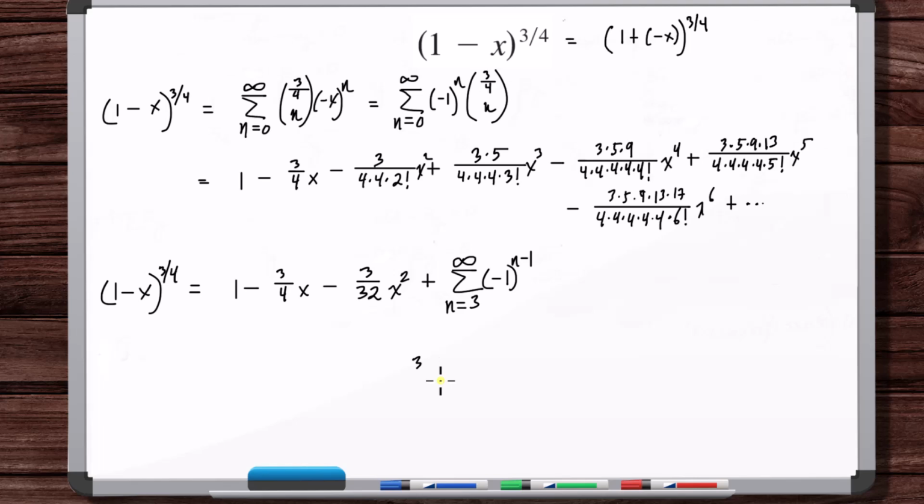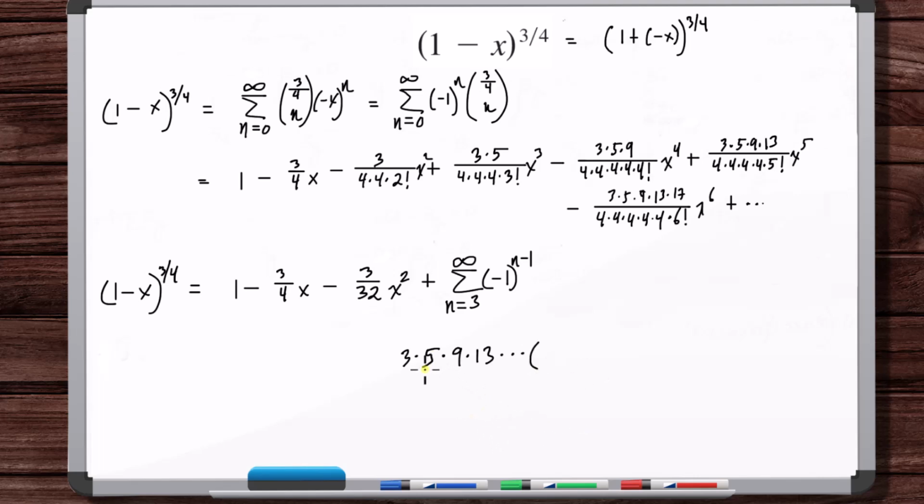It's 3 times, we're increasing by 4 every time, the multiplier. So it's like this. It's 3 times 5 times, we're not increasing by 4 here, starting not going from 3 to 5, but every number after 5 we are. So 9 times 13 times, and what's the nth term?